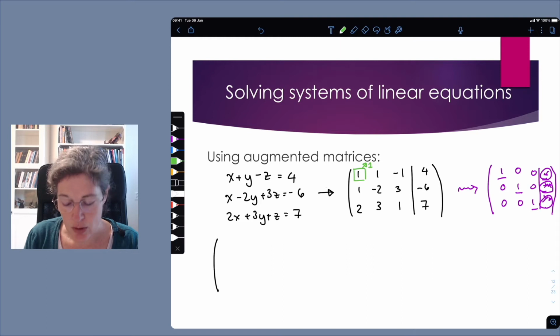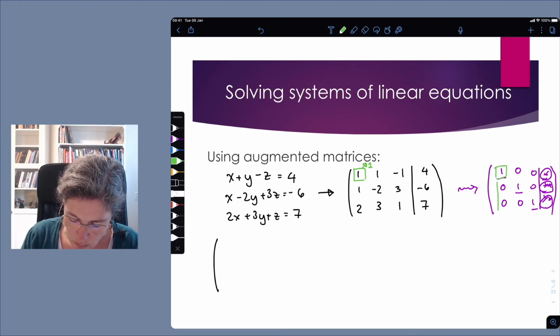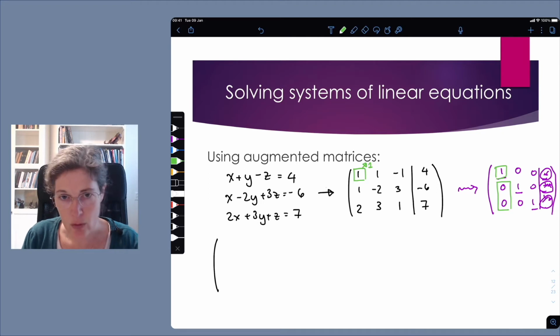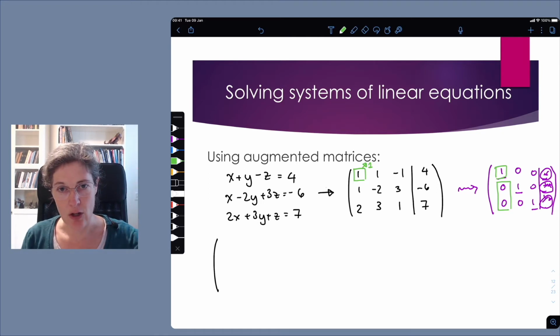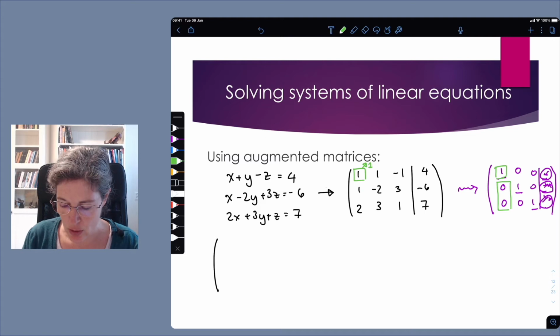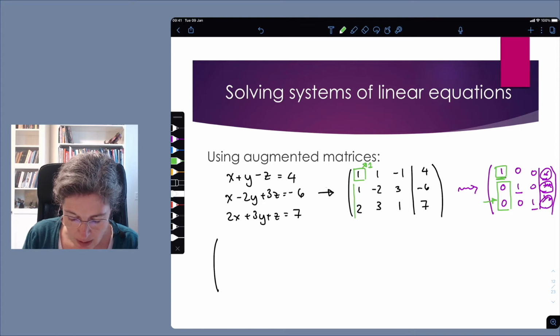The next thing that we want to do is make sure that there are no other x entries in the lower equations. So we want to make sure that we have zeros below this top left one. So what that means over here is we want to transform both of these into zeros.